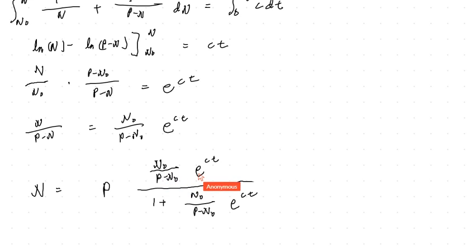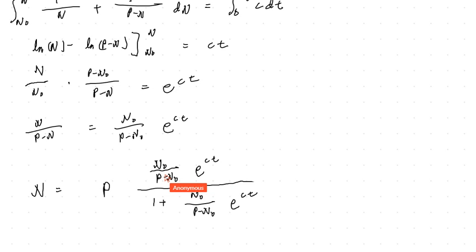And e to the ct is familiar. This is the exponential function. It's the thing that grows really fast. When t is small, e to the ct is going to be very small, right? Because we have to remember n naught over p minus n naught is a very small fraction.